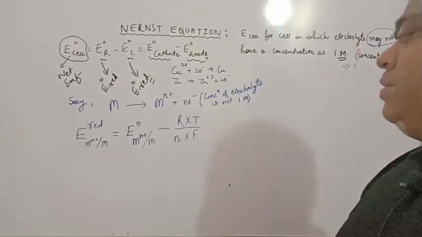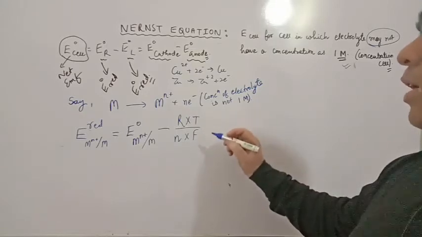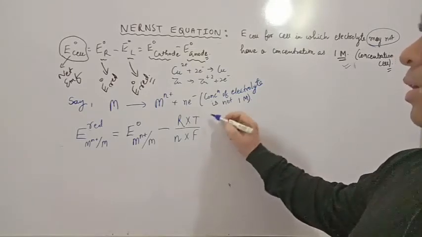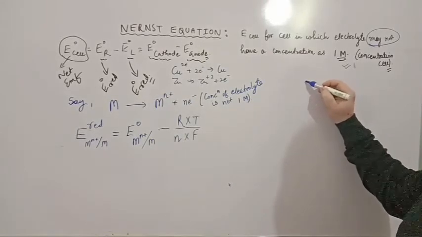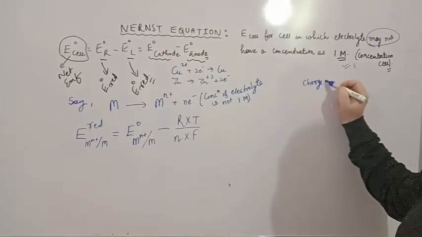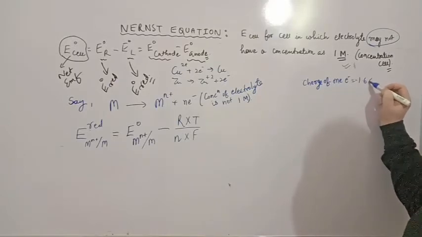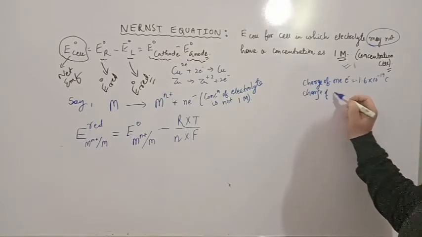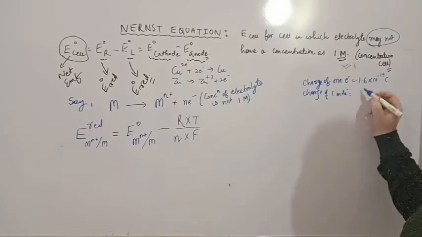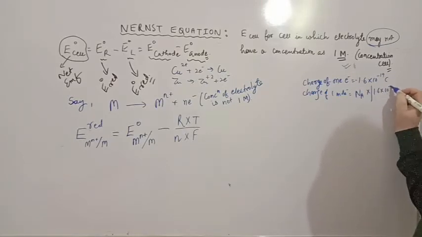So 1 farad means charge of 1 mole of electrons. So let me tell you about farad a little bit. Say charge of 1 electron is minus 1.6 times 10 to the power minus 19 coulomb, then charge of 1 mole of electrons will be equal to Avogadro number multiplied by 1.6 times 10 to the power minus 19 coulomb.